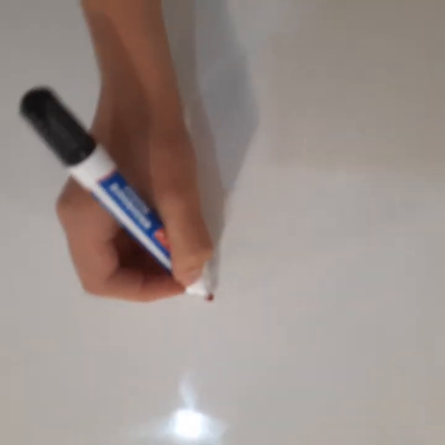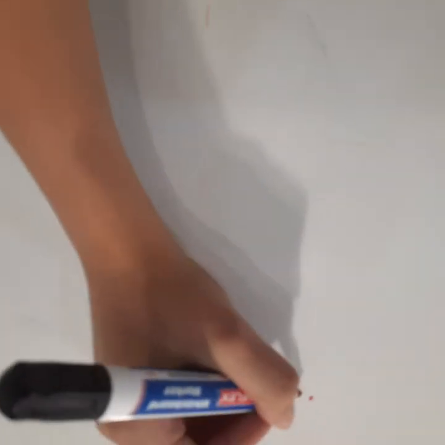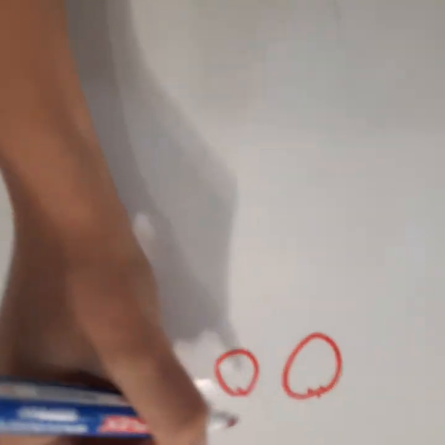This is how you draw a pig. Okay, you ready? One circle. Oh, never mind. I did it wrong. Now I remember. So you are going to go one circle, one big circle.